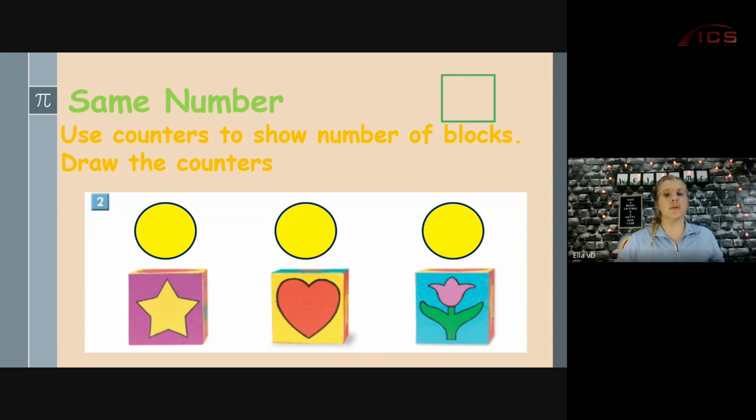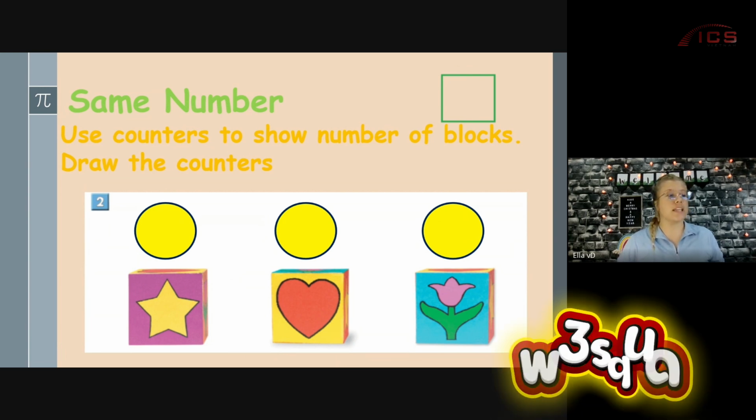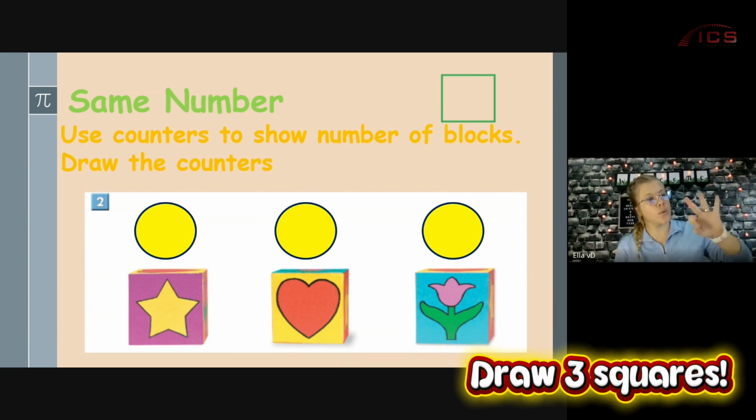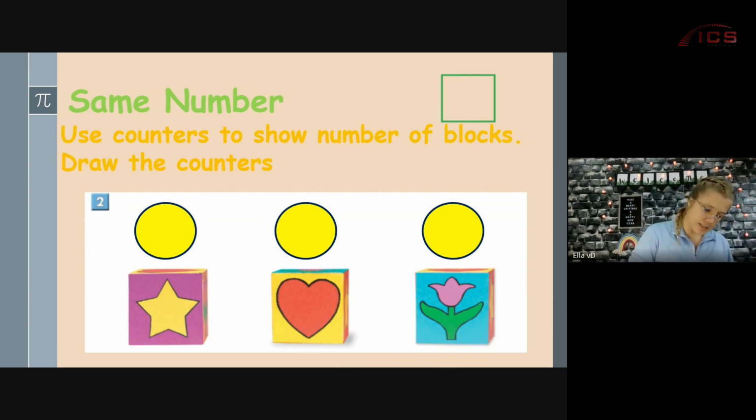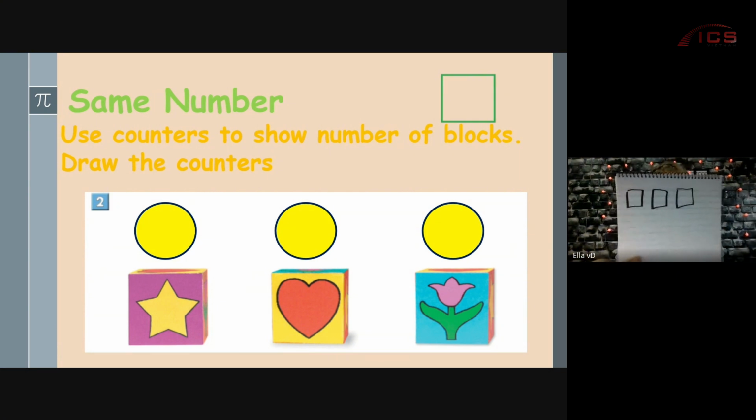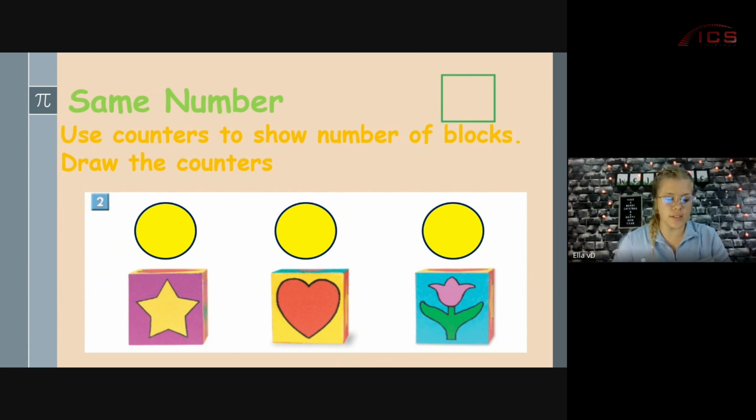So we're going to use the counters to show the number of blocks. We're going to draw 3 squares, like this. I will draw mine and show you. You need to draw 3 squares. Everyone quickly draw your 3 squares.